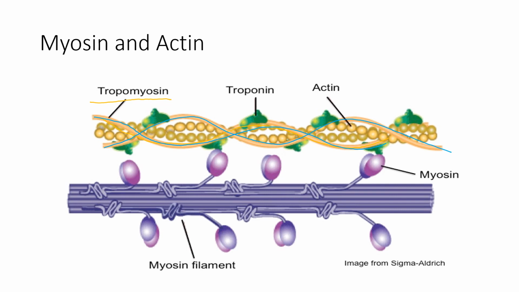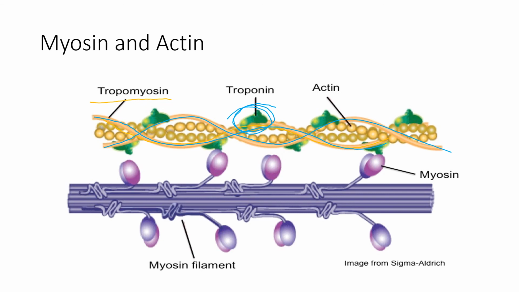And we have troponin, which are these globular-like proteins, which are actually made up of a combination of three polypeptides. Okay, so tropomyosin has the job of covering the active sites on the actin so that the muscles are not in constant contraction. This is important because obviously we don't want to have our muscles constantly contract or else we wouldn't be able to use them.